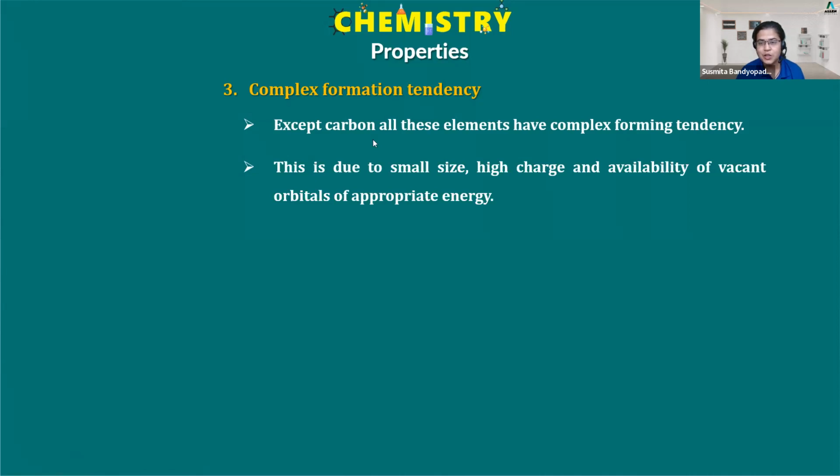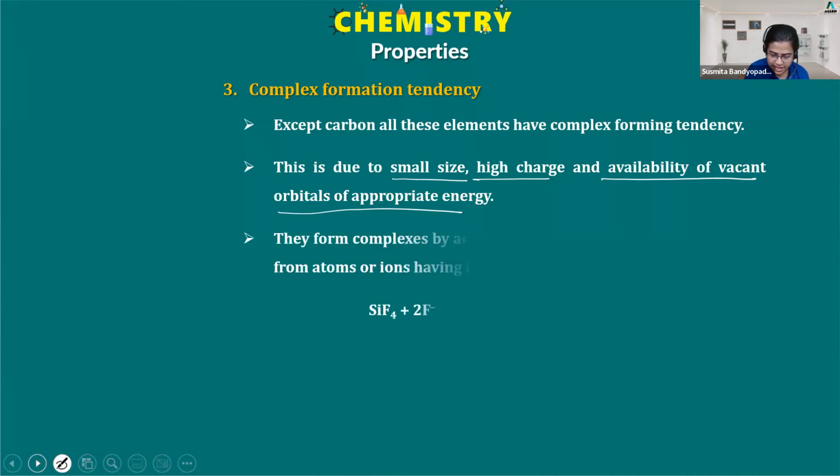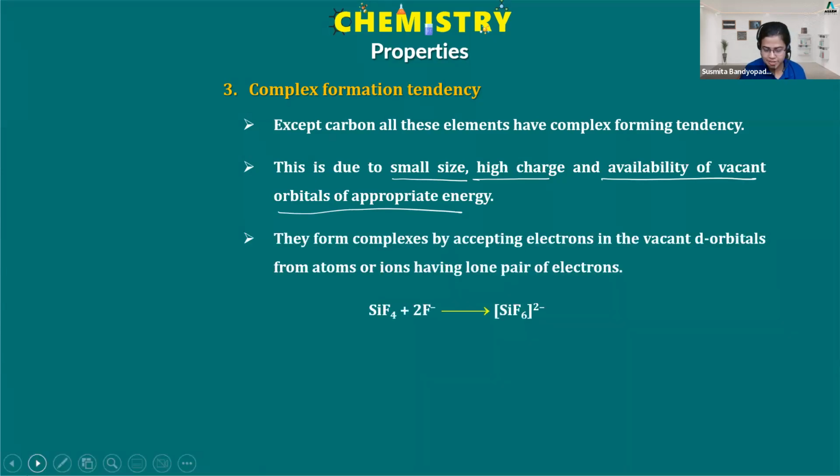So carbon, you do not have any d orbital and hence no chance. In other cases, small size, high charge, availability of vacant orbitals of appropriate energy are the necessary conditions for complex formation. So carbon can't, but silicon says, see, this is the advantage I have.